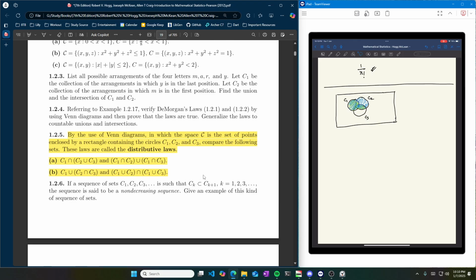And C1 union C3 is this space. So you're seeing the same story is happening. There's an intersection in between these two spaces. The C1 part is always there, and the common part between C2 and C3. Essentially, that we have what we have drawn already. But that is the exact same space.